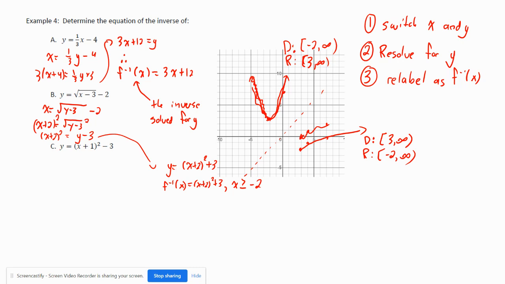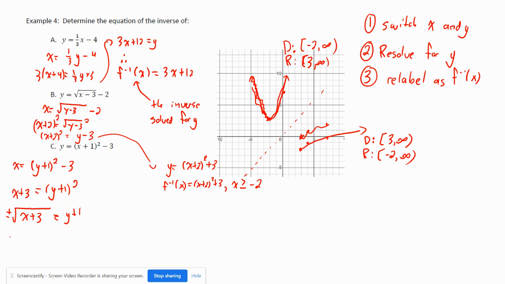Part C. We have, okay, so step number 1. Here's what we'll call our inverse step. We're flipping our x and our y. Add 3. Square root both sides. And one thing we need to remember, guys, is anytime we square root both sides of an equation, we have to go plus or minus like this.